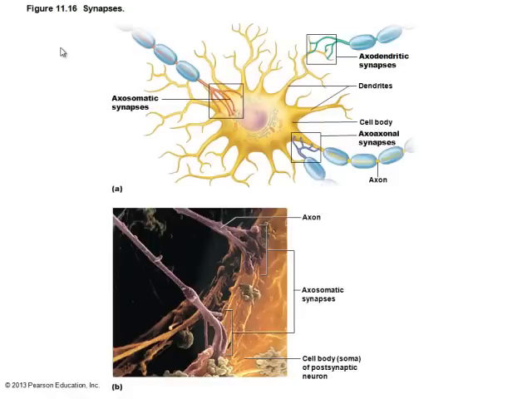So, there's a whole bunch of terms with respect to the synapse, the space between one axon and the next group of dendrites, for example. So, we can have something called an axodendritic synapse. What's that? Between the axon and the dendrites of the next neuron in line. Axosomatic synapses.